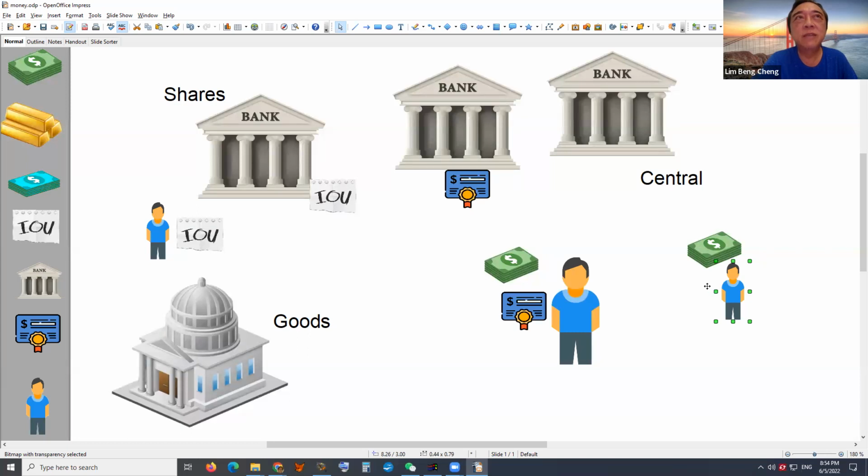What he does, he will take this money and put it back into the bank. And then the bank will give him an I owe you again. Now the bank has the money back. So the bank says, what, crazy. I want to get rid of my money, and now the money comes back to me. So now the bank will take this money and buy some more shares.